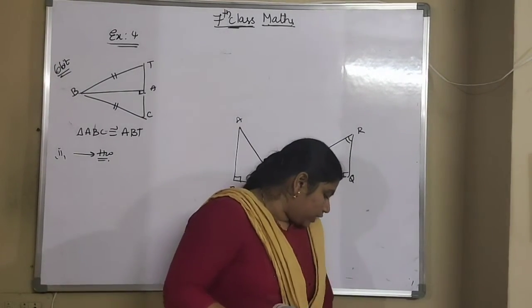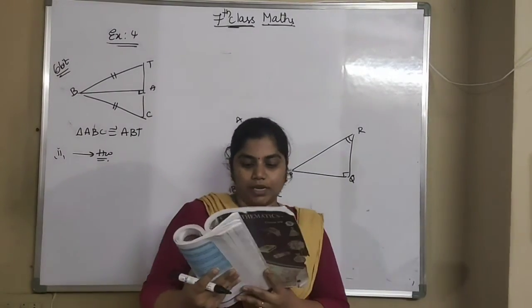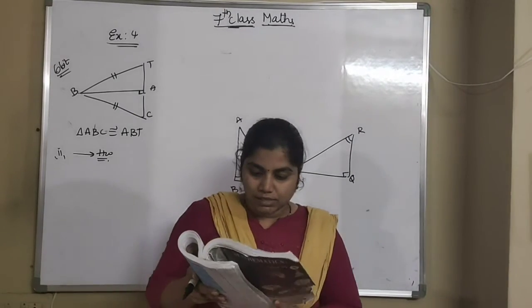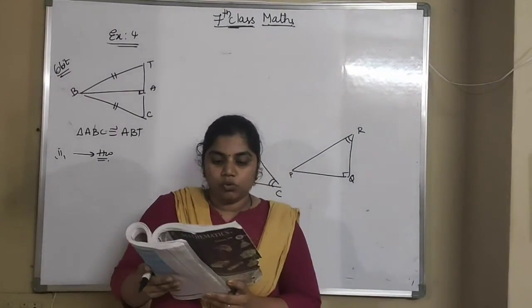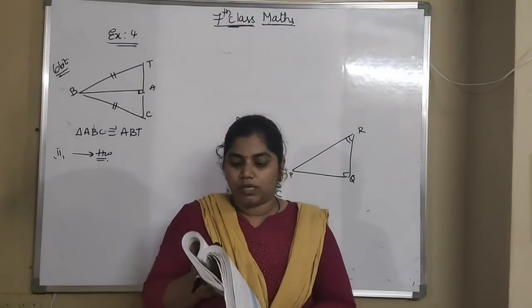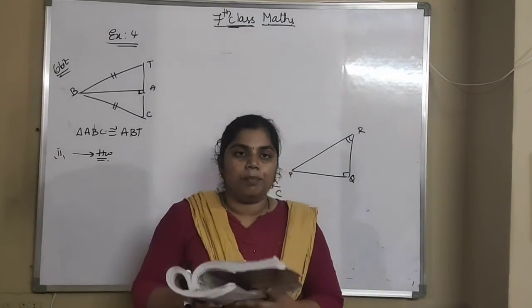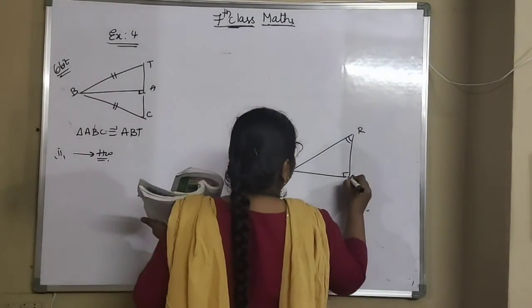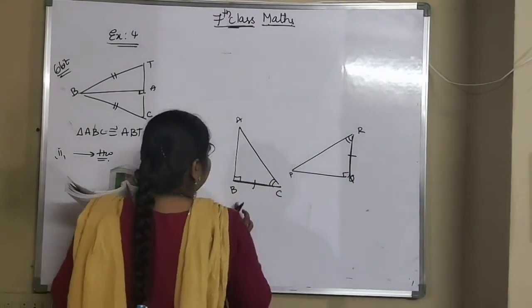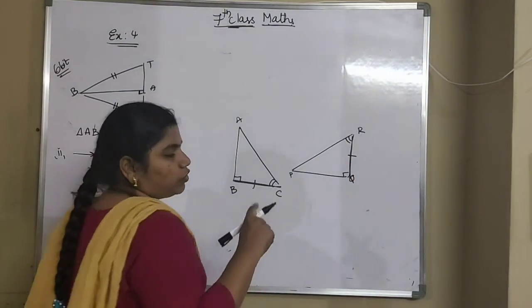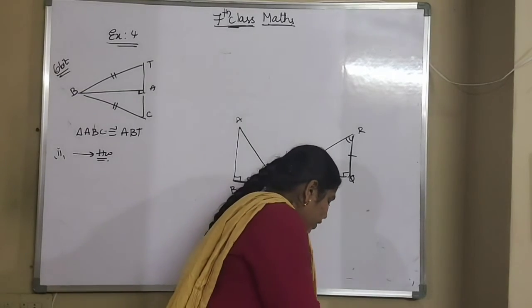They have given two angles. So which additional pair do we want? We want BC to be equal to QR. If you know BC is equal to QR, we can say by using ASA congruency, the two triangles are congruent to each other.